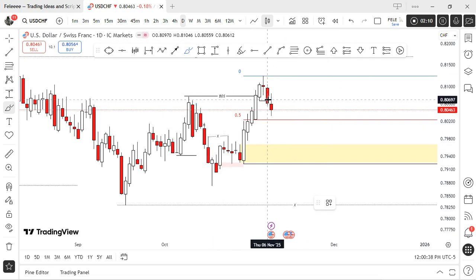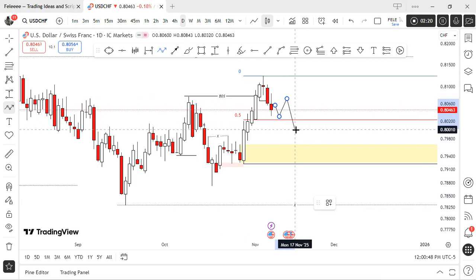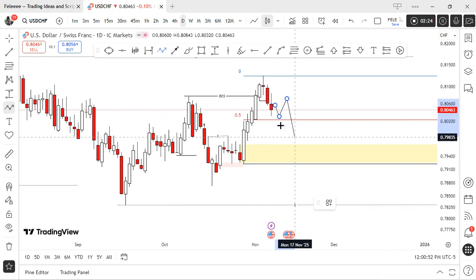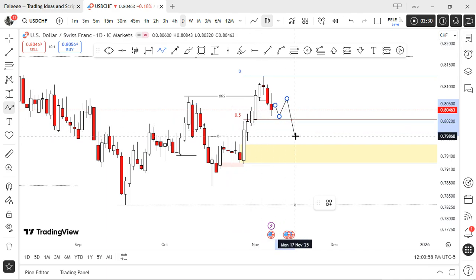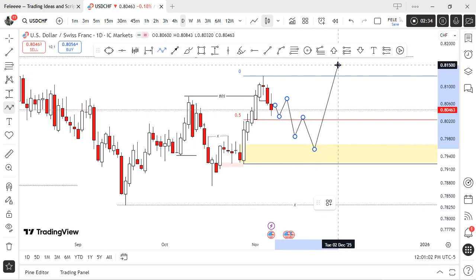We could see this correction move sell all the way to the downside today, below this 0.5 fib, before we see that bullish move to the upside.